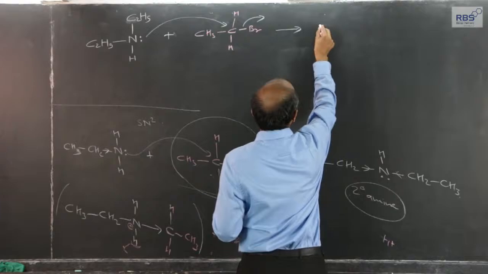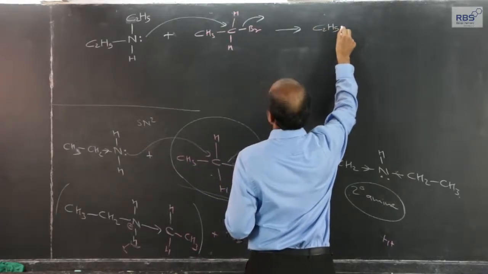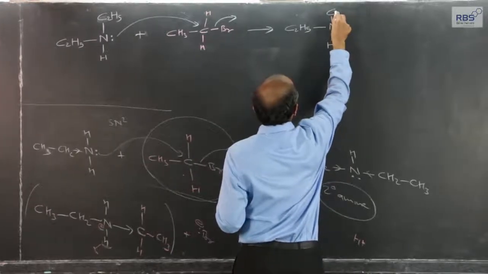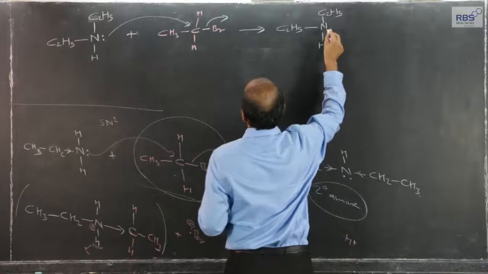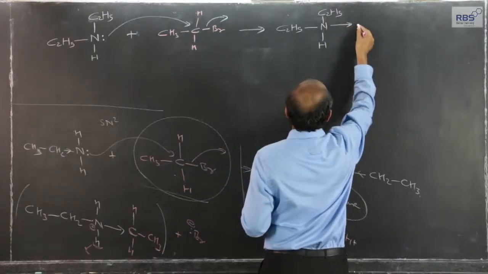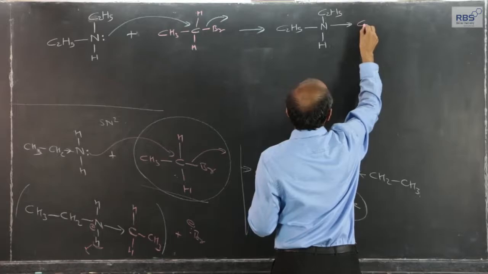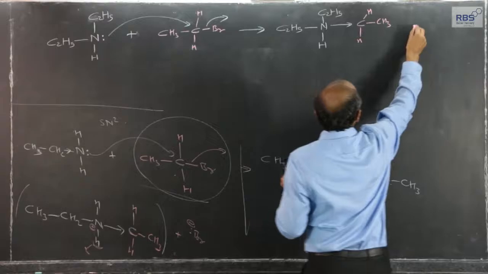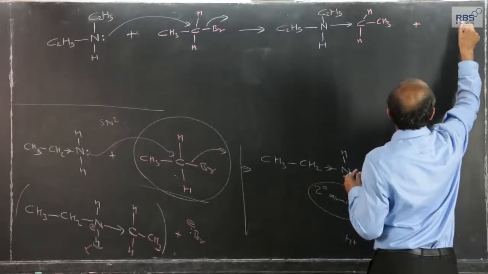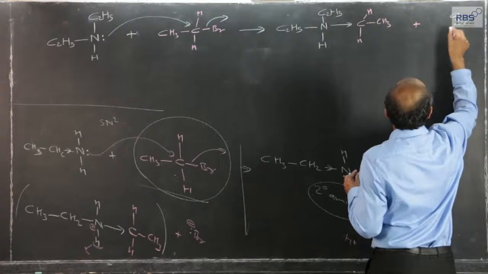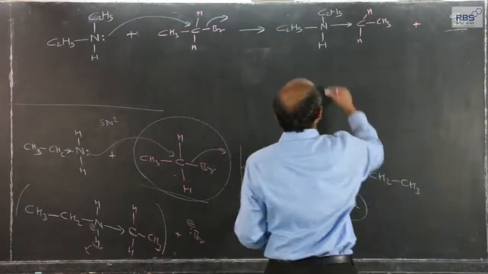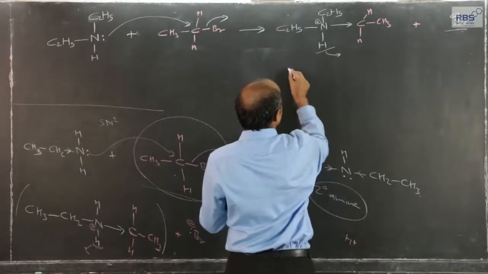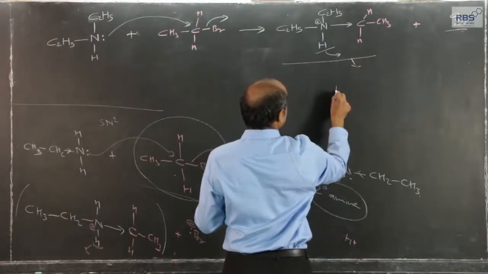And what we get is this. Bromine goes out in the form of nucleophile Br minus. A positive charge is developed, the hydrogen atom gets removed in the form of H plus ions, and therefore what we get is this.